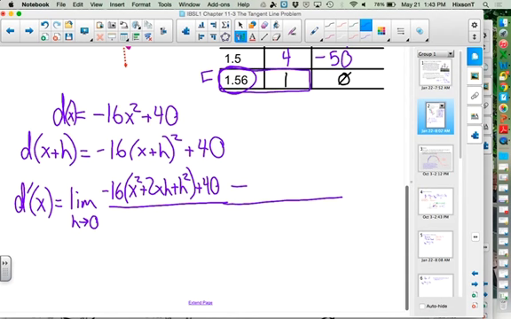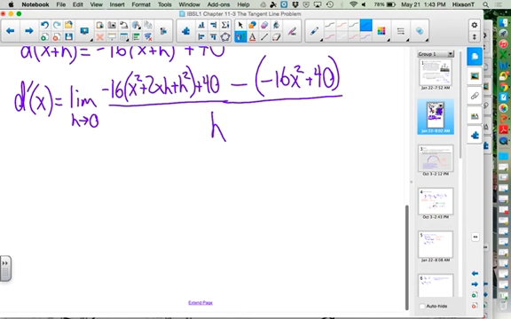Here's the d of x plus h minus d of x, so minus the negative 16x squared plus 40, all over h. Now, can we do direct substitution? No, h is 0, right? You have to rationalize it.